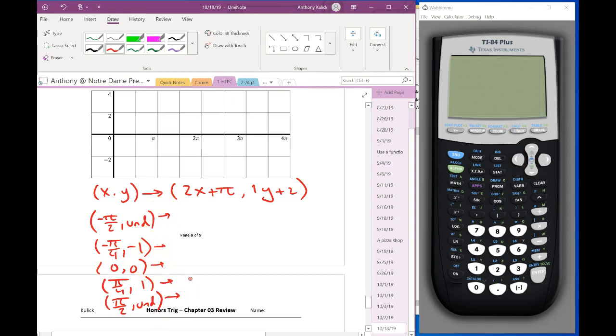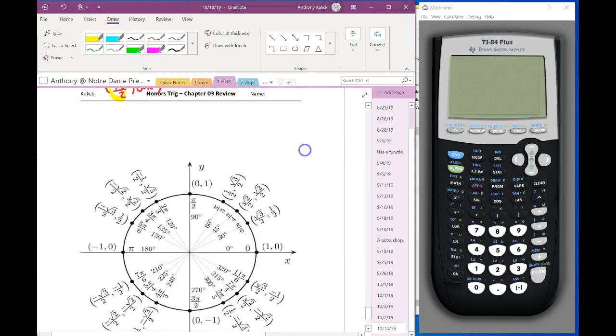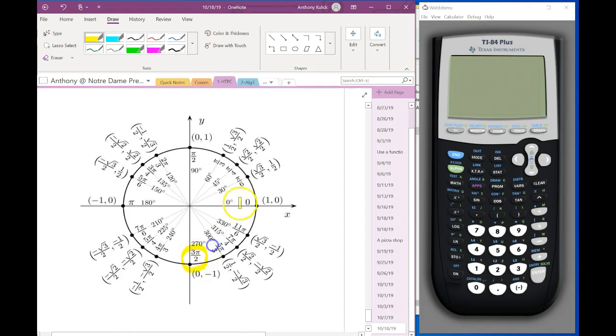So these are the x values that I'm concerned about for tangent. I'm going to go to my unit circle and find negative pi over 2. Negative pi over 2 is here because I'm going in the negative direction, clockwise. And then tangent at negative pi over 2 is opposite over adjacent, which is the same as sine over cosine, which in the unit circle is negative 1, the y-coordinate, divided by 0, the x-coordinate.